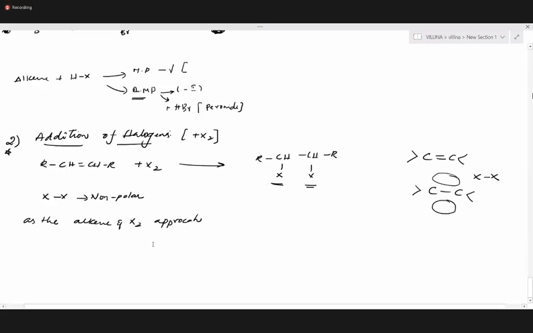So when the alkene and the halogen are interacting, let's say the electron cloud is more above the plane at one particular instant, and the halogen is approaching in this direction. This electron-rich alkene will polarize the halogen-halogen bond through dipole-dipole interactions, giving delta minus and delta plus. This will help us in the next step.